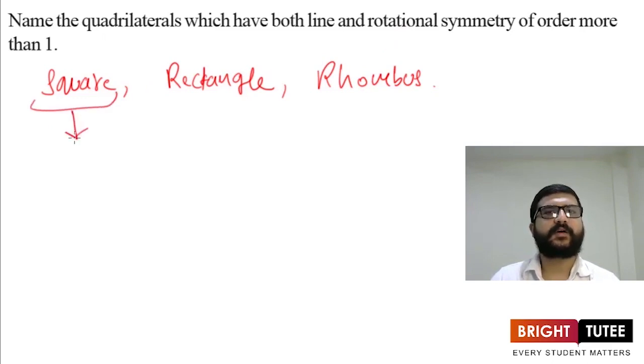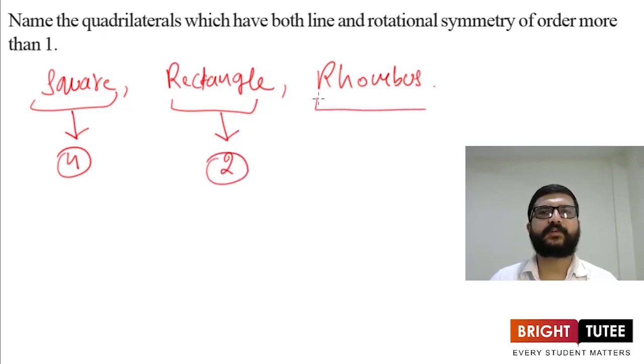For square, order of rotational symmetry is 4, for rectangle it is 2, and for rhombus it is 2. So these are the quadrilaterals which have both line and rotational symmetry of order more than 1. Now let's move to the next question.